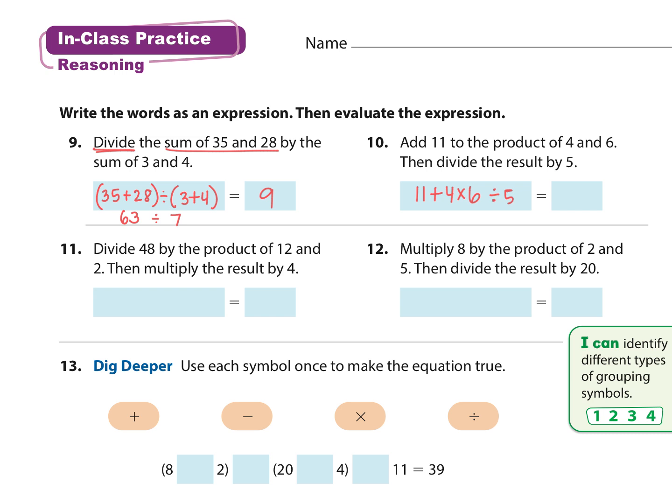No. If I'm adding 11 to the product of 4 and 6 first, what do I need to do with that? London. Parentheses around all of it. Okay? Because I'm adding 11 to this product, and then I'm dividing this result by 5. So I want all of that to be in parentheses. What would I do first inside the parentheses? 4 times 6. Right, which is 24. Then I can see that I'm going to add 11 plus 24, which is 35. Then I can divide by 5. So my final answer is 7.